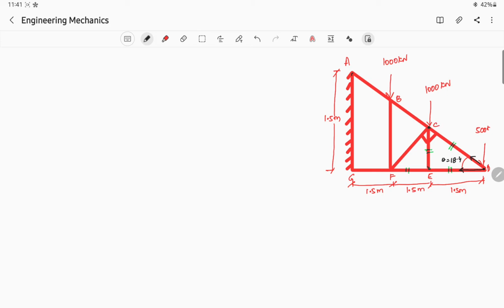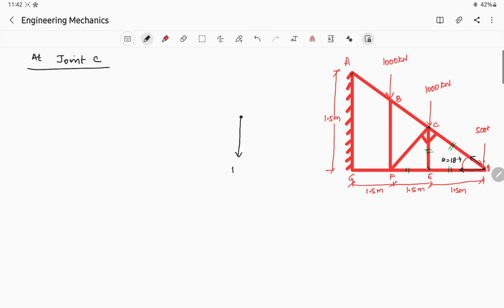Very important here, how many forces are acting at joint C? I'll write here at joint C. Okay, see here, this is joint C, and there is one force going exactly in the downward direction.